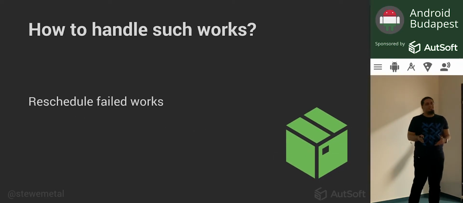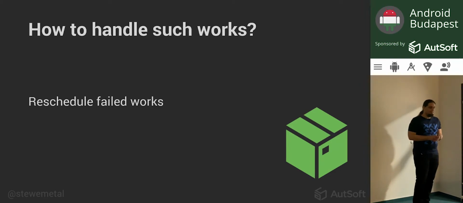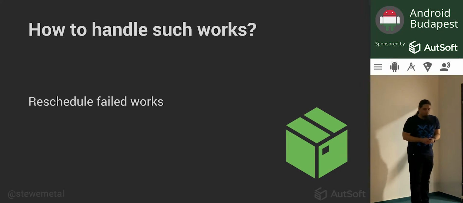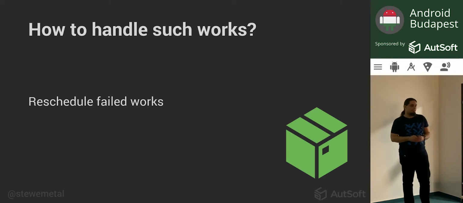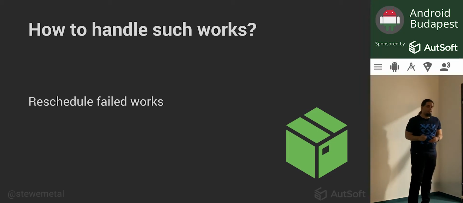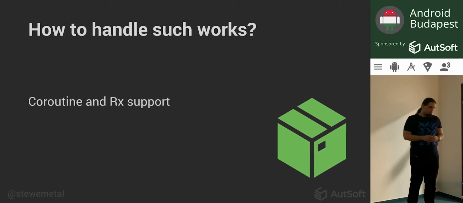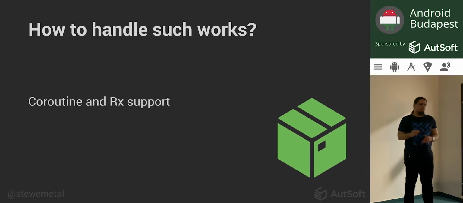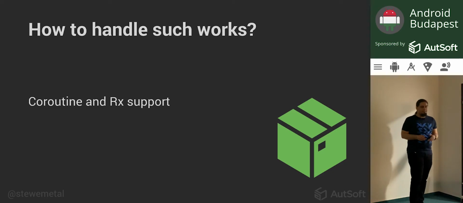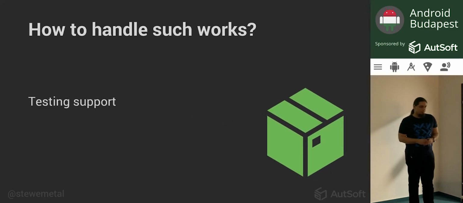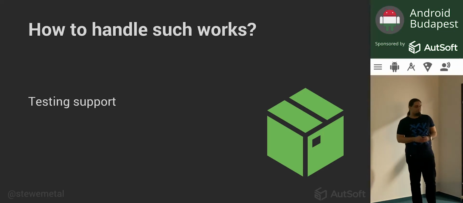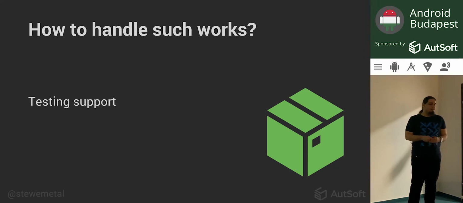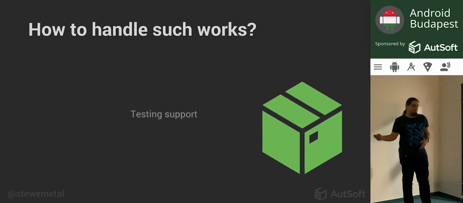If a task fails and we want to get a notification or a state change event about it, then we should handle the failed works. Also, it's an absolute plus to support Coroutines and RX nowadays. So let's put all that in the box also. And of course, if we manage to build a framework this big, then we should really support testing.